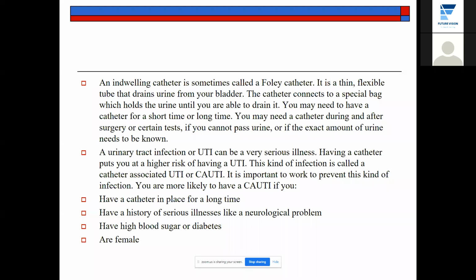Excellent. Chemotherapy patient, yes. So as we said, these are patients who have a catheter in place for long term, females, diabetic patients, and so on.